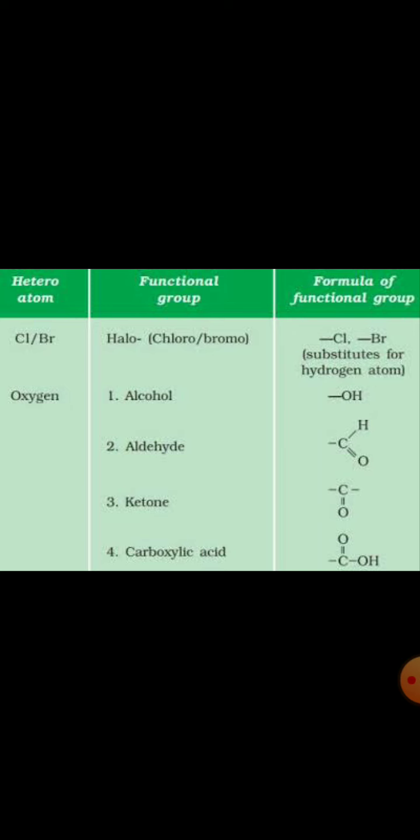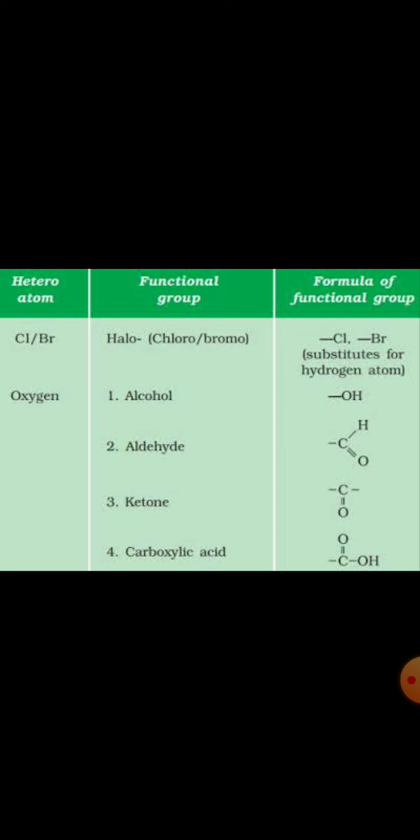First heteroatom is chlorine or bromine. Here chlorine or bromine is a heteroatom, which means chlorine or bromine replaces hydrogen from the hydrocarbon. And what is the name of this functional group? Halo, which means when chlorine is replacing, it will have a chloro name. When bromine is replacing, then it will have a bromo name.